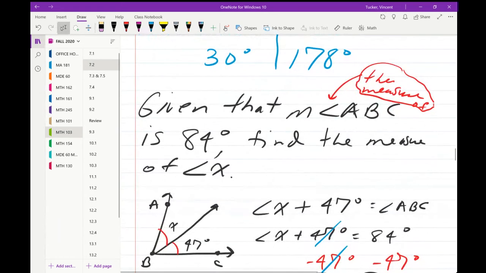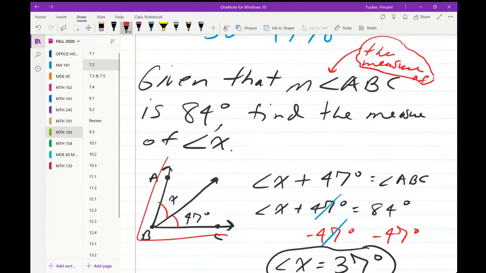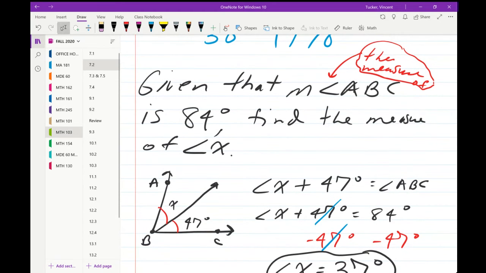And then it gave us that diagram right there. Notice ABC is this whole thing right here, and they give us 47 degrees. It's a part of ABC, and then the other part is X. So this is our missing part. They gave us 47 degrees of it.